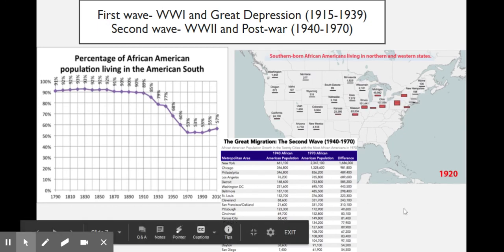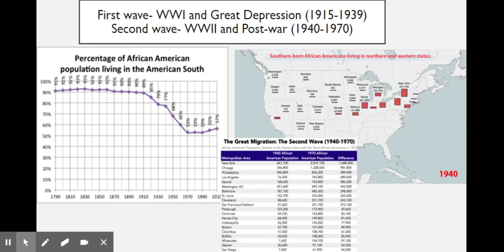And again, as I said, there are really two waves to this movement. Today, we're just focusing on the first wave as an effect of World War One. By 1939, you had about a half a million African Americans who'd moved out of the South. Why is that significant? Well, in 1910, according to the census, 90% of African Americans in the United States lived in the South.